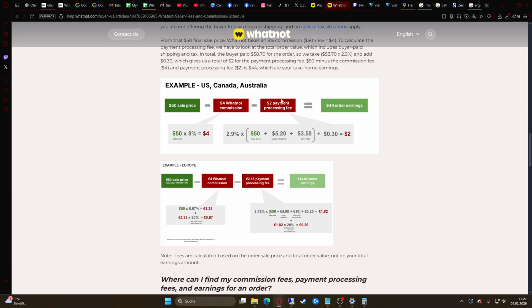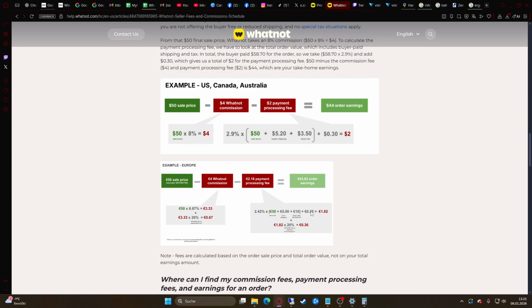The payment processing fee is a little bit more complicated. It's 2.9% of your sales price plus buyer shipping plus buyer tax. Then you add 30 cents fixed cost to that, and this is your payment processing fee. It's kind of similar in the EU. It's only 2.42% times sales price plus buyer shipping plus buyer tax.